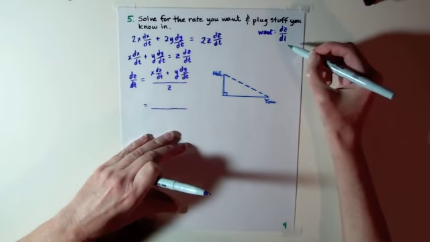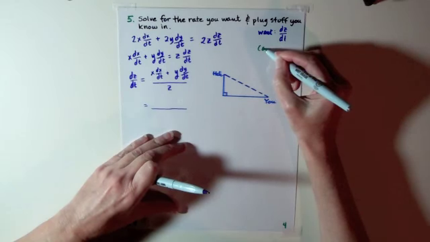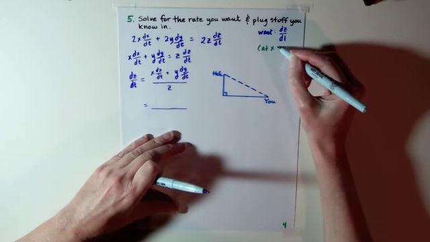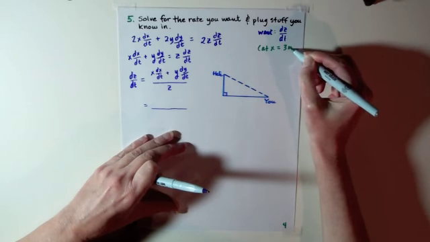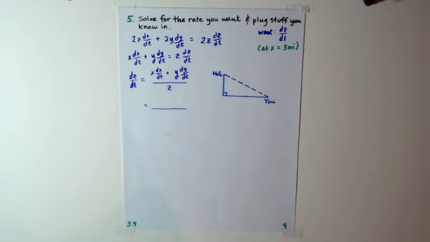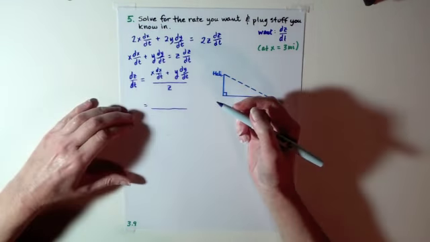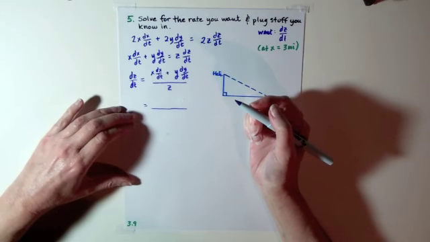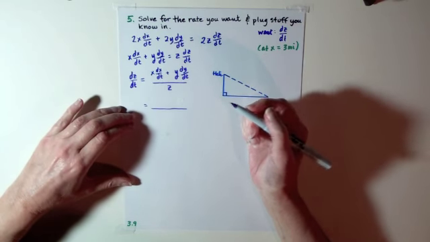So let me just translate that over to this page. We said dz dt, and we want it at the moment that x is equal to 3 miles. Not at any other moment, and dz dt will be a different value at different moments. Okay, so let's go ahead and see what we know and can plug in.